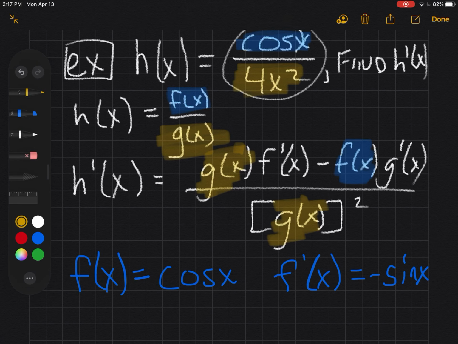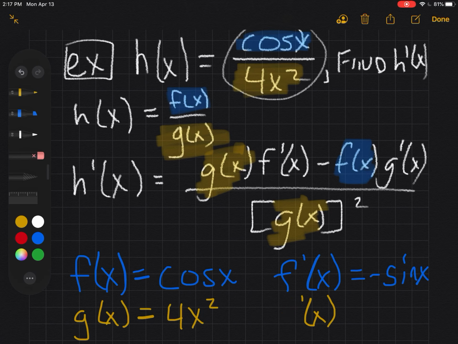So my function f of x is the numerator, cosine of x. So f prime of x would then be negative sine x. And my g of x in the denominator is 4x squared.